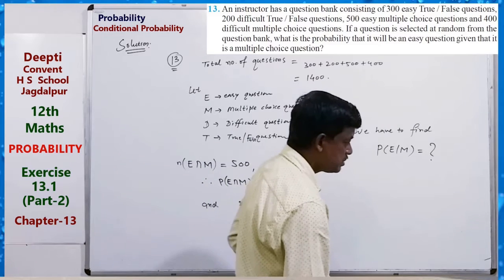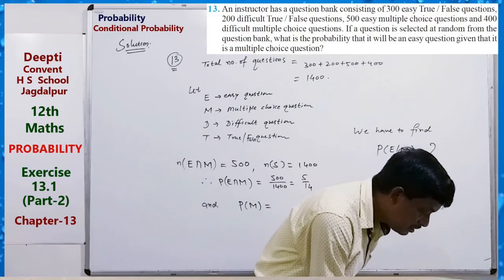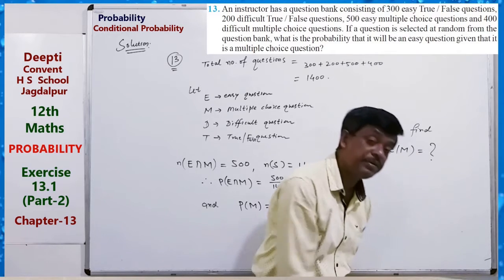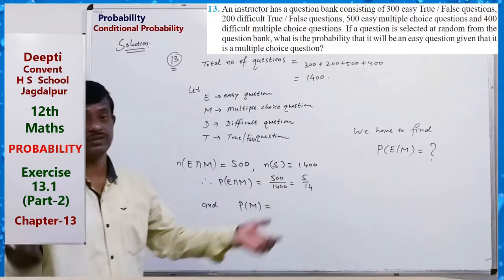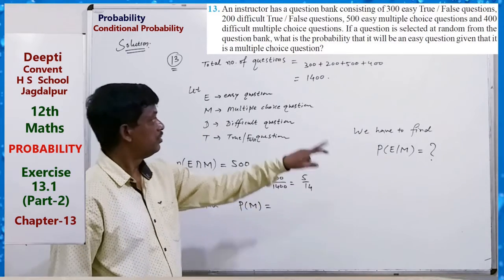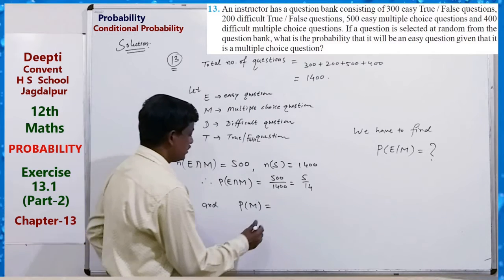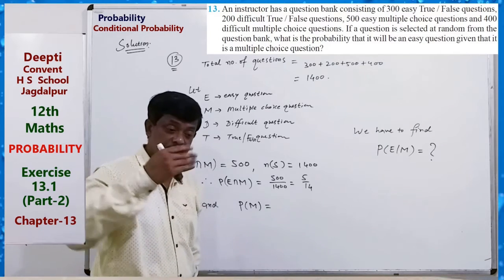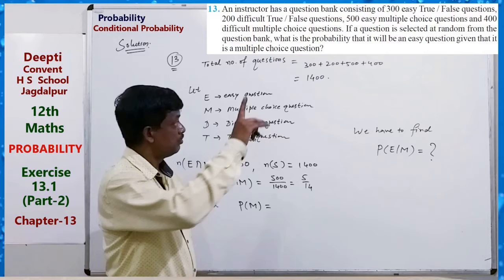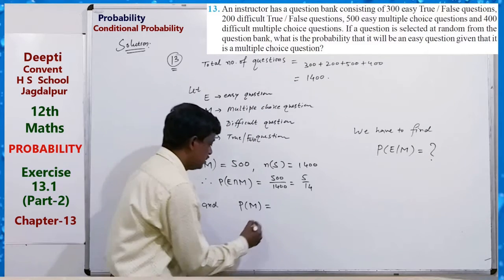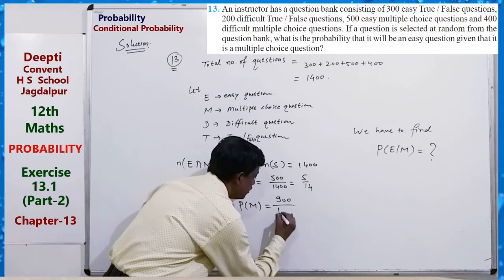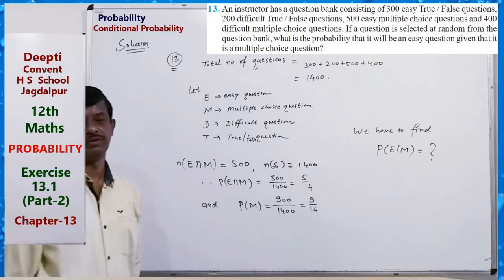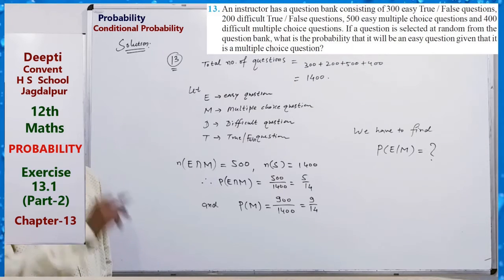Multiple choice questions means difficult multiple choice questions and easy multiple choice questions, both of that: 500 and 400 in the given questions. So 900 upon 1400 equals 9 by 14. So our targeted value is P(E given M).